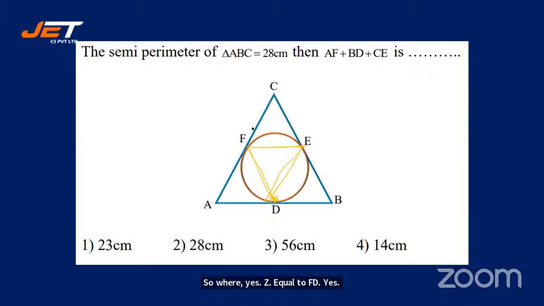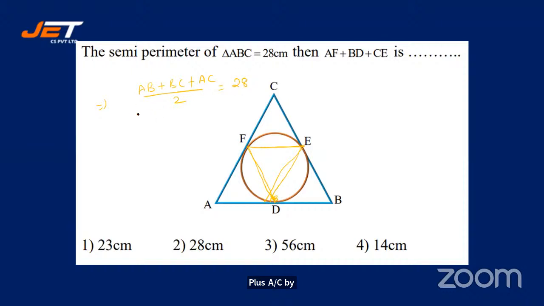F is the midpoint of AC. Similarly, E is the midpoint of BC. So how do you arrive at this is, we have AB plus BC plus AC by 2 is 28.